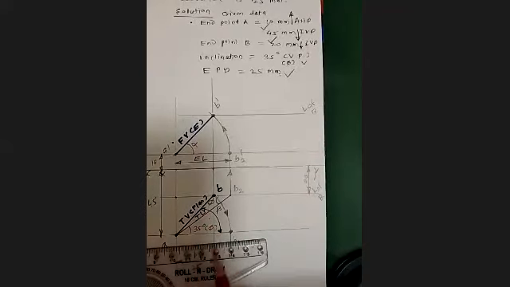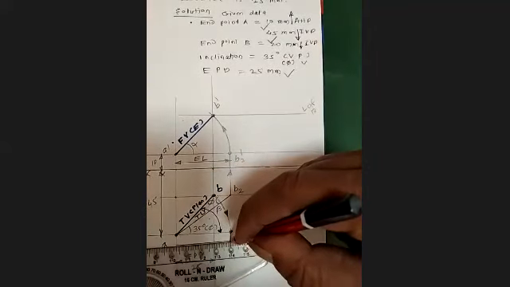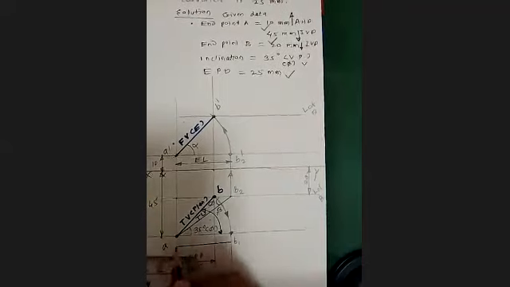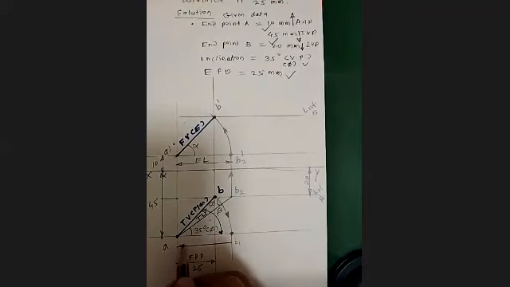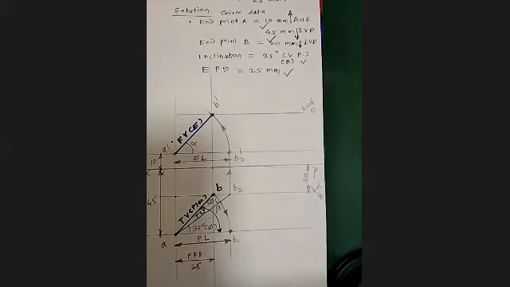See, this is nothing but your plan or the top view, and this length is going to be the plan length, right? Now it will be a bit convincing to you. As I said, it's a tricky, different kind of problem statement which I am covering here. This distance is your PL, right?